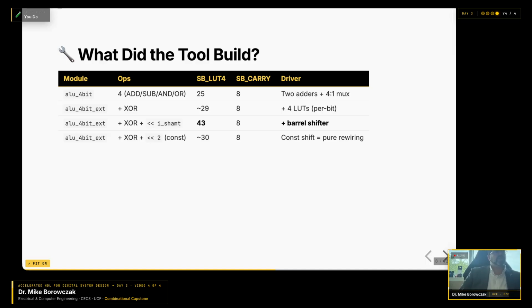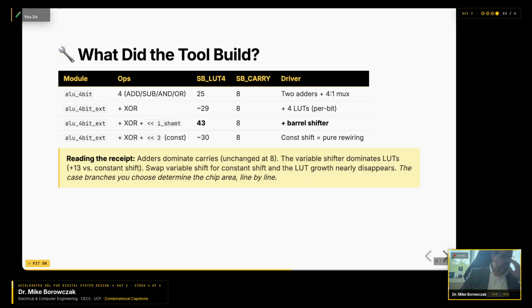And our most expensive one was obviously XOR plus the left shift by an unknown amount, resulting in a barrel shifter. So all this to say, our adders, and when we say adders, that is add and subtract, those are going to dominate the carries. The requirement of the carries for both of those is there. Our variable shifter dominates LUTs roughly versus a constant shift.